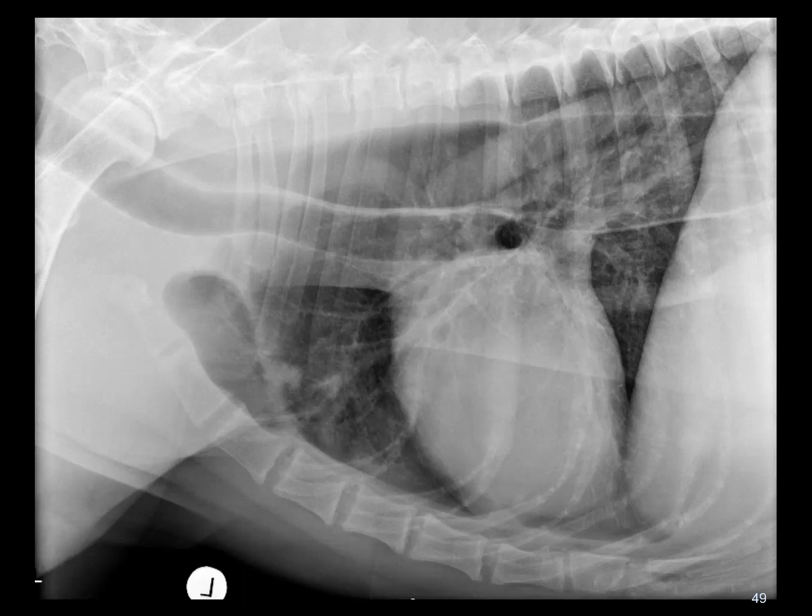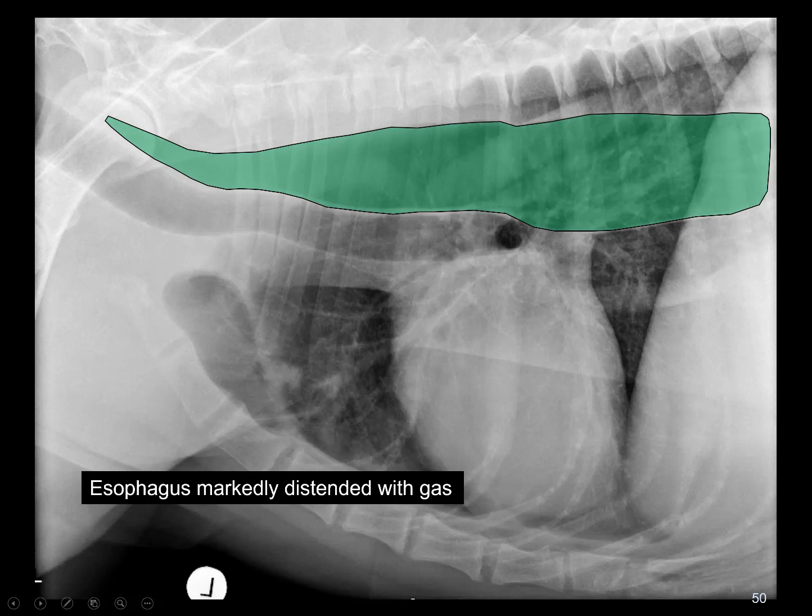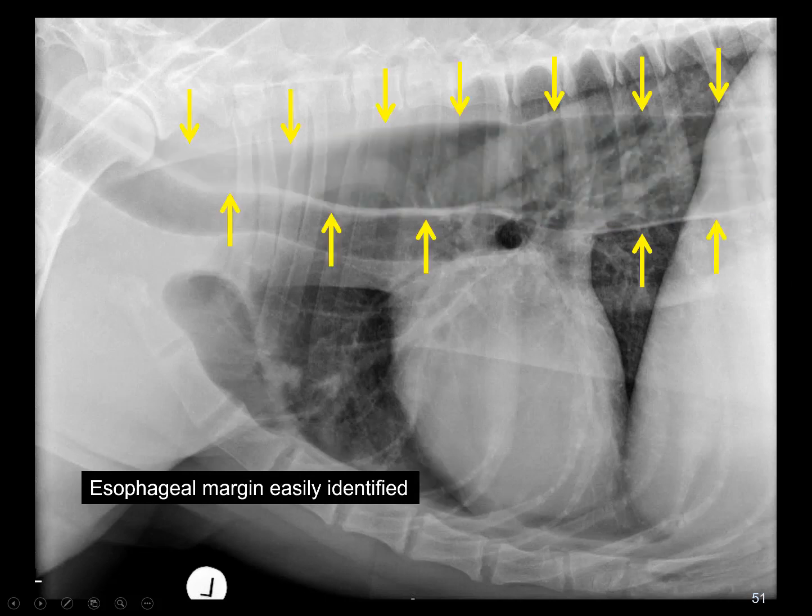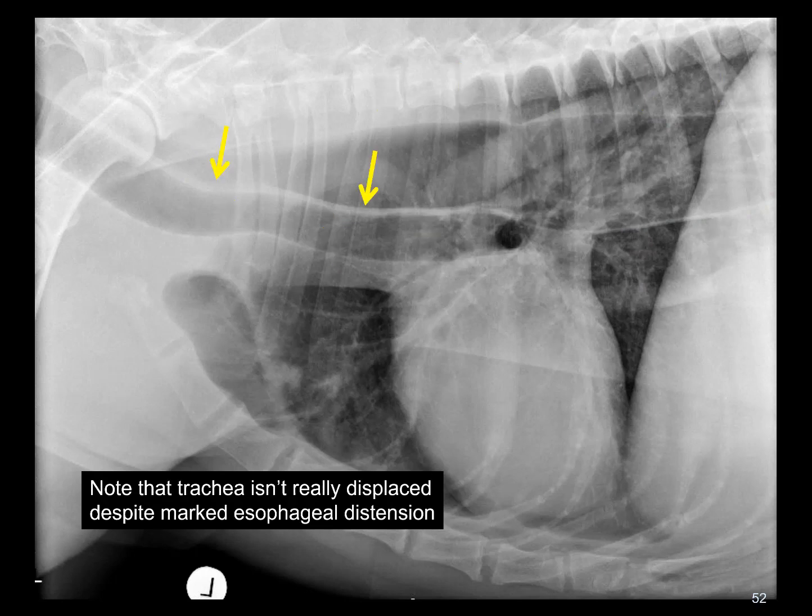So here's a typical case of a generalized megaesophagus. You can see it's gas-filled. It is a big tube of gas back here. I can see the dorsal wall, I can see the ventral wall, and I should not be able to see that much esophagus. So there it is. Again, margins are easily identified, dorsally and ventrally. The trachea in this case isn't displaced as much.